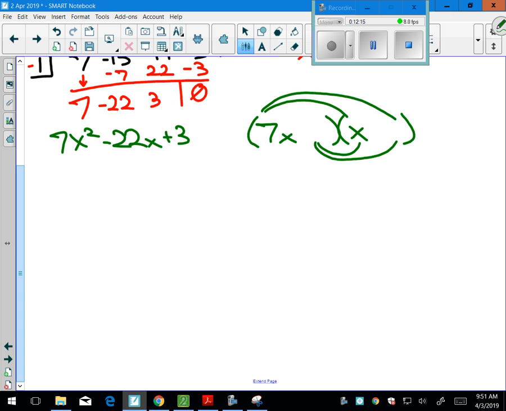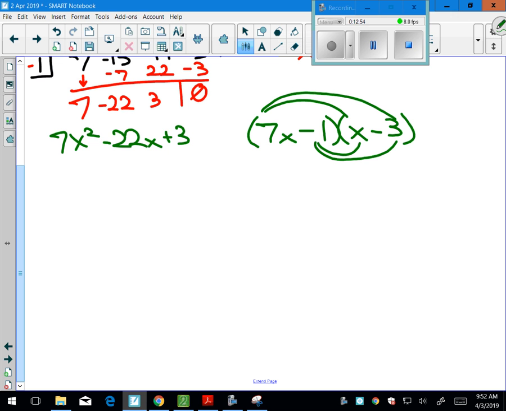Since the 3 is positive, that means I have to multiply either positive and positive or a negative and a negative. Since my middle term, my linear term, is a negative 22, I can't get negatives from positives, so I know both of those numbers have to be negative. And I see that 7 times 3 is 21, and when combined with a -1, that's going to give me this trinomial.